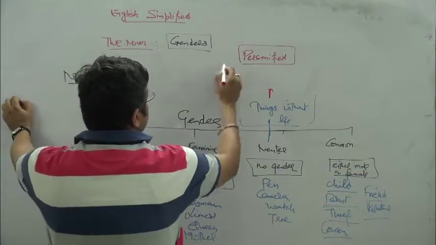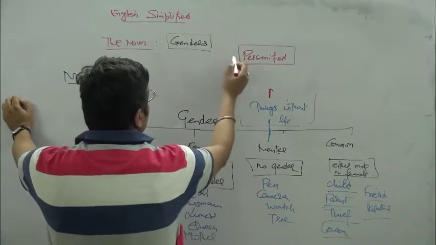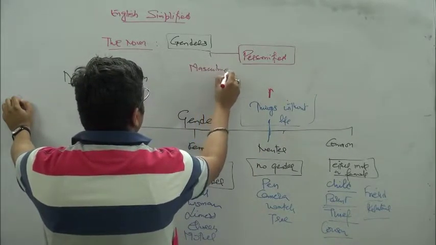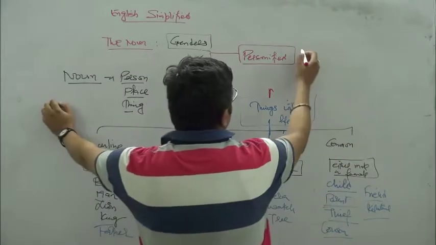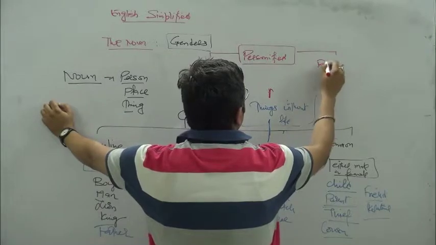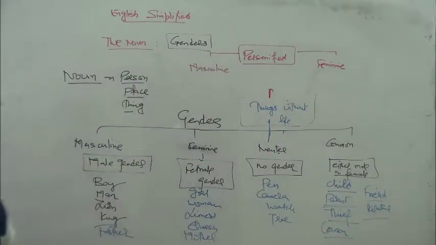All right? So when I'm looking at a personification of things, there may be examples of masculine and feminine beings also.